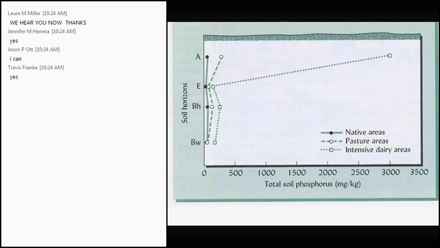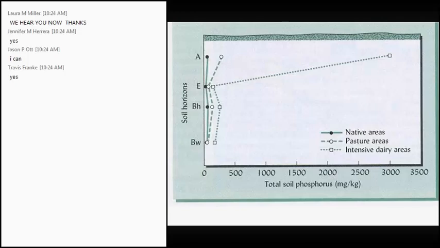It'll have much less clay and a lot more sand than even the A horizon does. The Bh, the lowercase h stands for an accumulation of something, and in this particular case it's an accumulation of humic materials. That's what the h stands for. And so we've got an accumulation of humic material there. And then we have another B horizon that is Bw, and I apologize, I can't remember what the w stands for. I'll let you know what that is next week. I apologize for not remembering that.